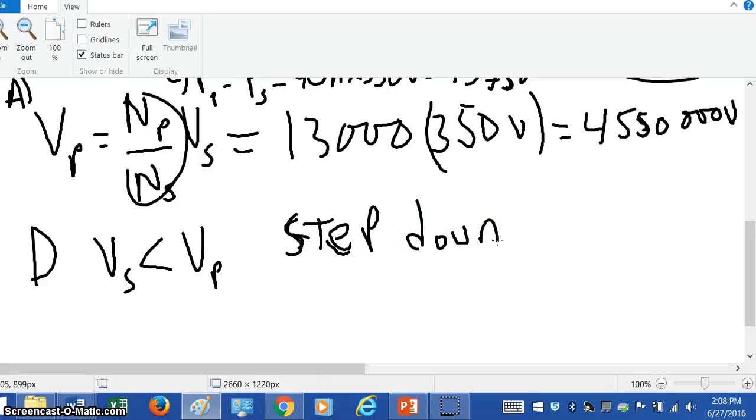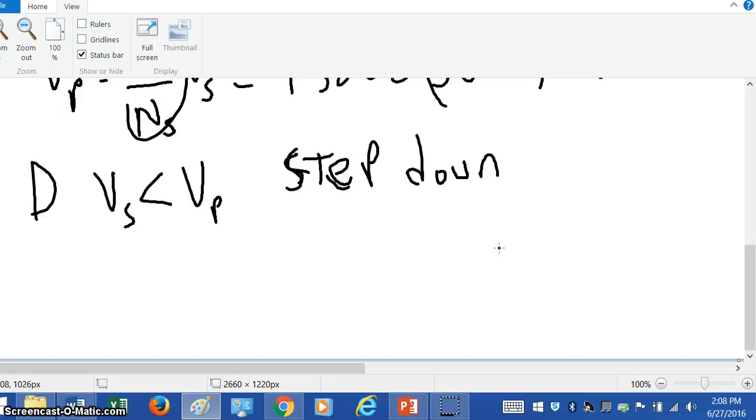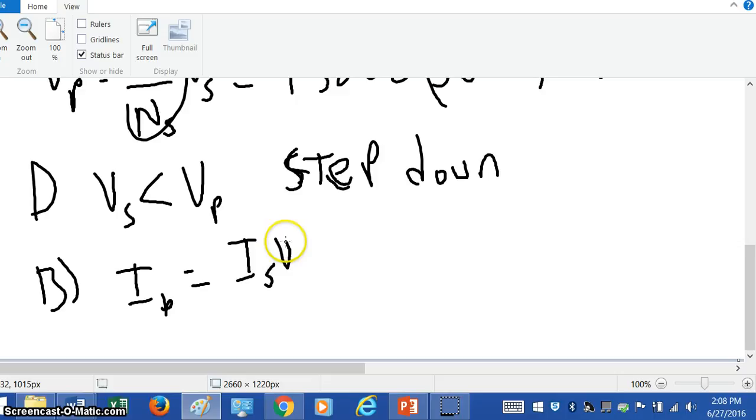And then the final one, part B, is to get that final current. This is the current in the primary, and that's going to be the power, the current in the secondary times the voltage in the secondary, which we know both of those, divided by the voltage in the primary, which we now know.